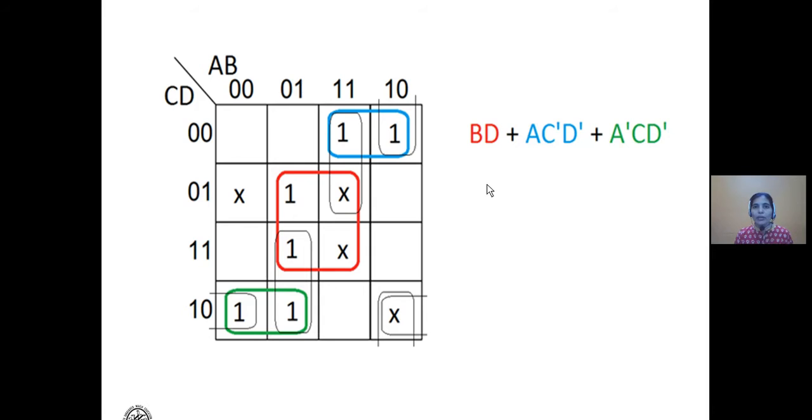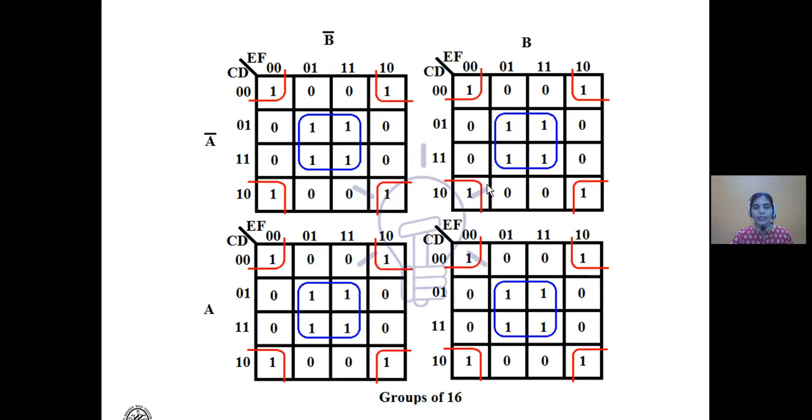This particular ability is a sort of a human ability, and it is especially difficult when we have 6 variable K-maps, where you can see that in this subgroup of 16 squares, there is a group of 4 ones. Similarly, there is another group of 4 ones over here, a group of 4 ones in the third subgroup also, and in the fourth group also.